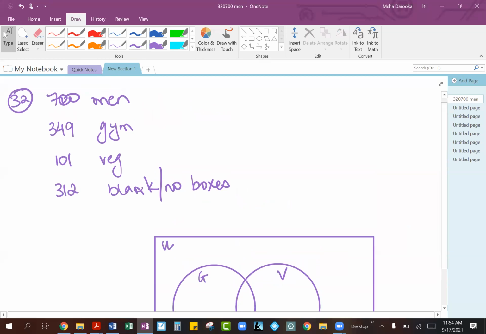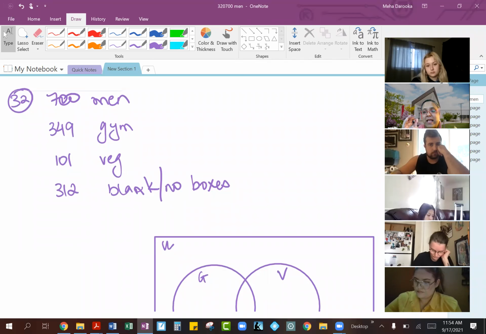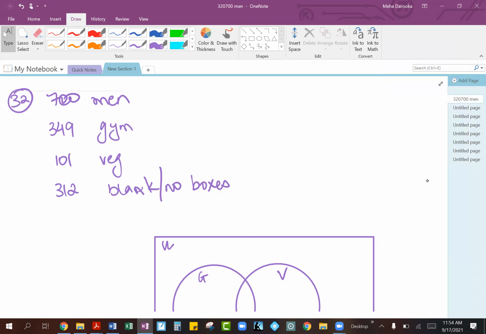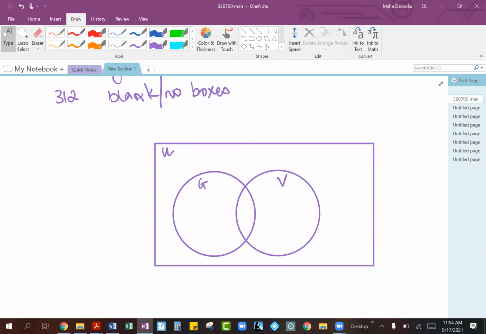Now the idea here is we know there's a total of 700 men, right? So everything inside the rectangle has to add up to 700. When they're telling you there are 349 going to the gym, remember that means 349 includes everything in the G circle, right?